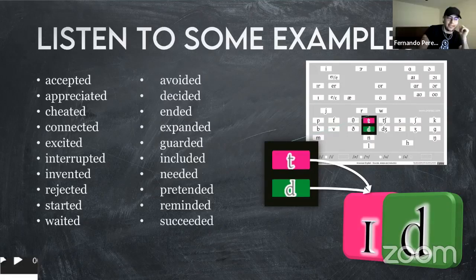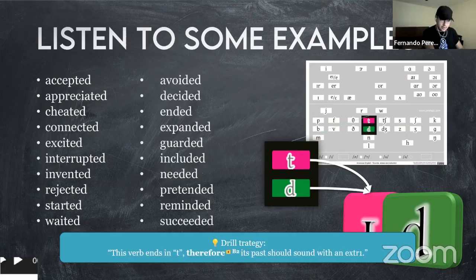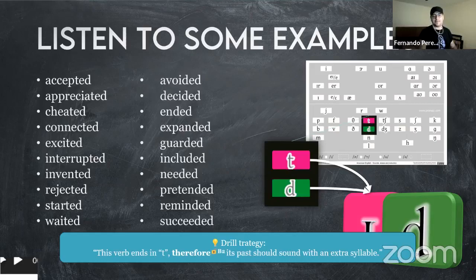Let me make a modification on the drill. This verb ends in T, therefore its past should sound with an extra syllable. Aha, this is the drill. I perfected the drill.